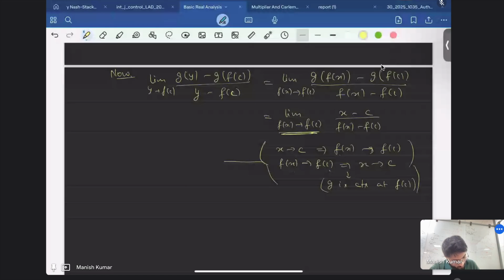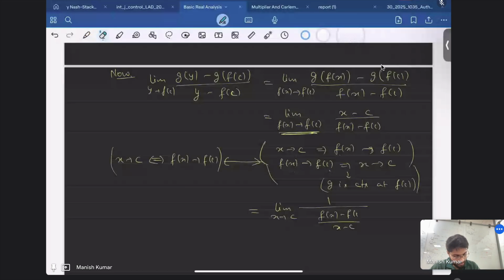And I know that this derivative, this limit exists, and it's also given to be non-zero. So now I can use the algebra of limits to write this is equal to 1 by f prime at c. So you understood the proof as of now.